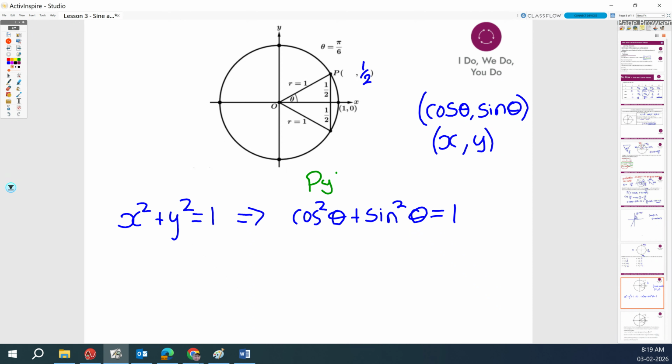This is the Pythagorean identity. I'll just give you a minute to write that one down, give it its name. Make a careful note of this one. You're going to have to memorize this formula. We're going to use this one a fair bit. Very useful.